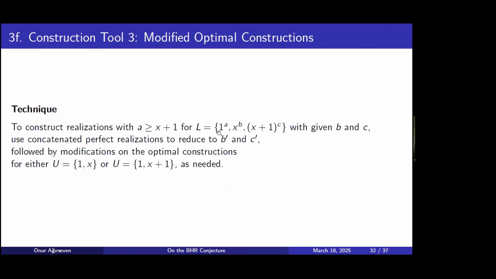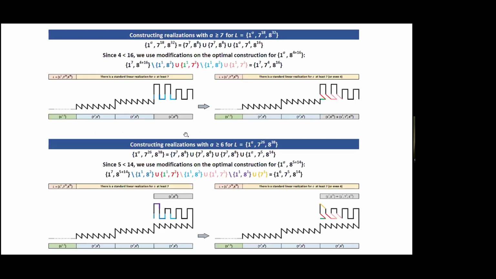So this brings us to the next construction tool, which is taking those optimal constructions and modifying them, combined with this concatenation idea. Once again, instead of going through the word salad in here, I'll show it to you via these pictures that I think are going to describe it very well. For instance, let's say we want to construct a 3-element multiset with 1, 7, and 8 as the underlying set.